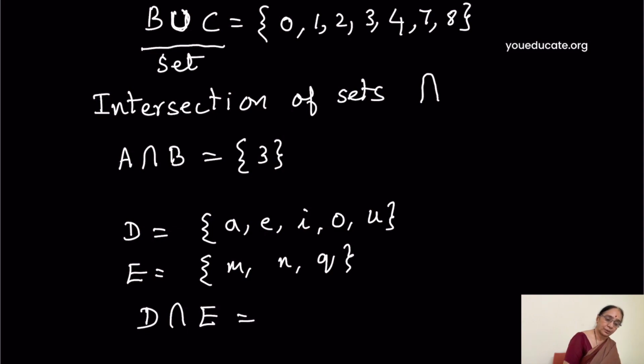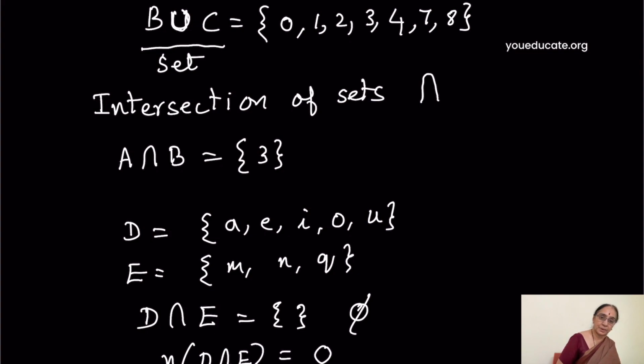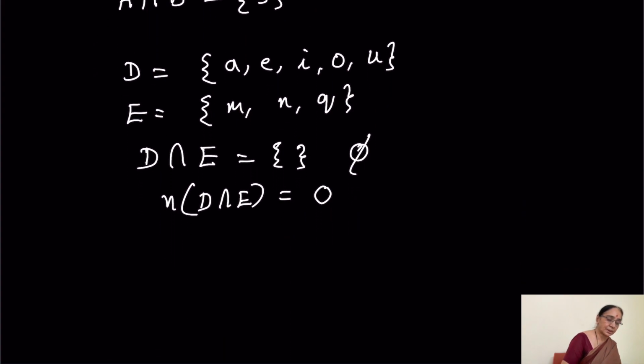No. There is no element common to D and E, so it's an empty set. You can write it like this, or call it a null set. Now how many elements are in D intersection E? Nothing. So you put a 0 there. When it comes to a number, I use the number 0. If it is a set, you denote it by the empty set symbol. So that is the intersection of sets.